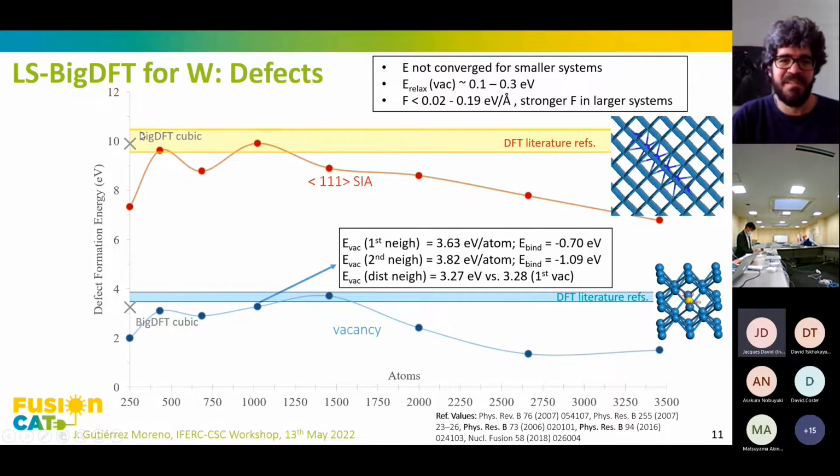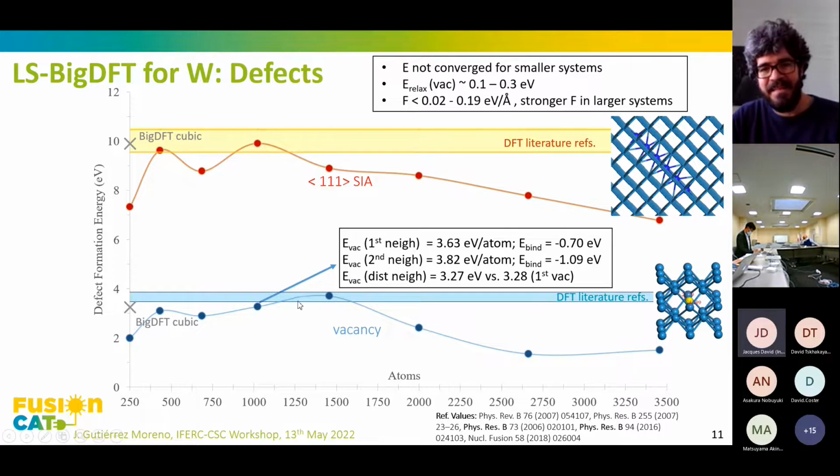First of all, if we look at the numbers we get here on the left-hand side, for the small unit cells, as I showed before, since the total energy is not well converged, these values are not that accurate. While if we increase the size of the system a little bit, like this region here, then we get values that are closer to what we were expecting.